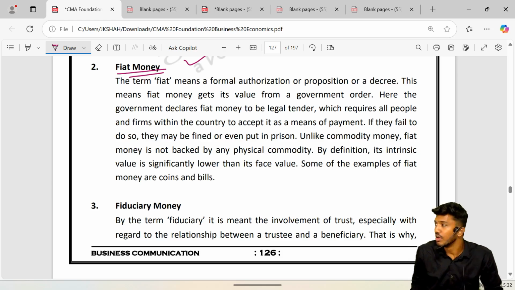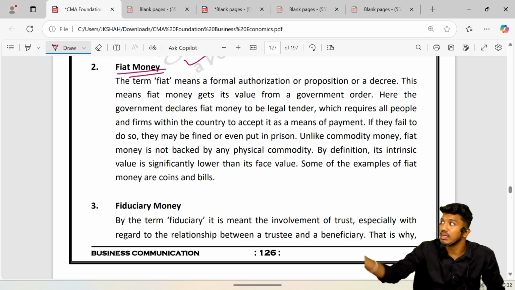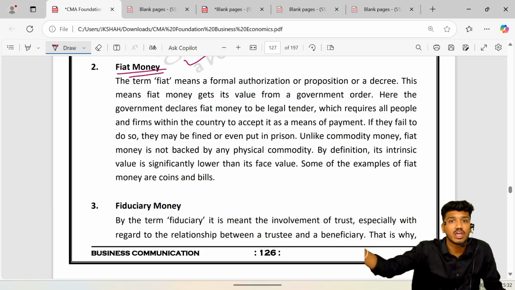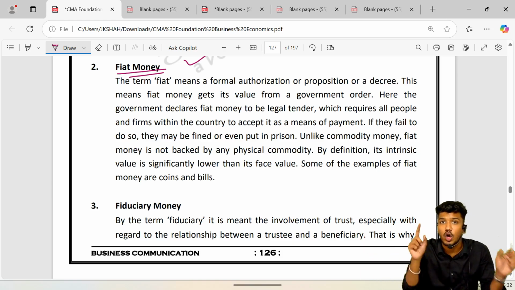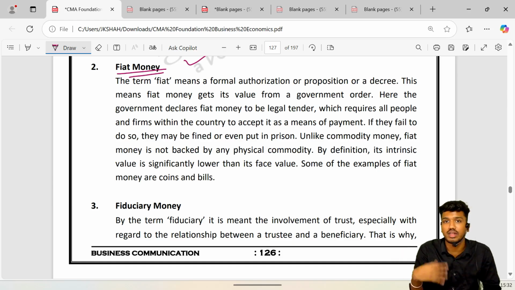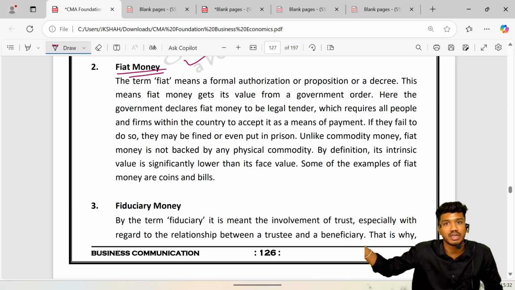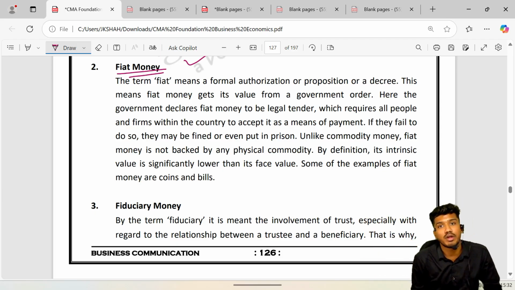For example, I went to a shopkeeper with a 100 rupees note and gave it to him, but he refused to give me any commodity. He cannot refuse me, because the Government of India has formally authorized this as money. So he will have to accept that money and give me the commodity which I require.